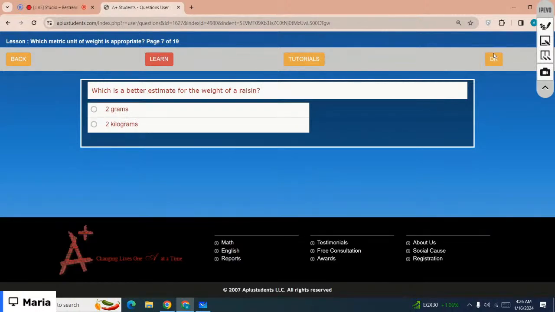Which is the better estimate for the weight of a raisin? Yes, that is just a raisin, right? That would be 2 grams.